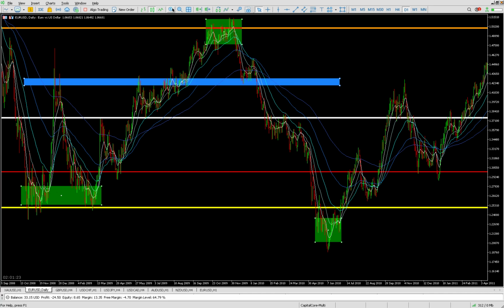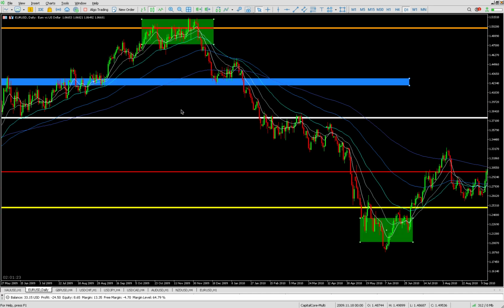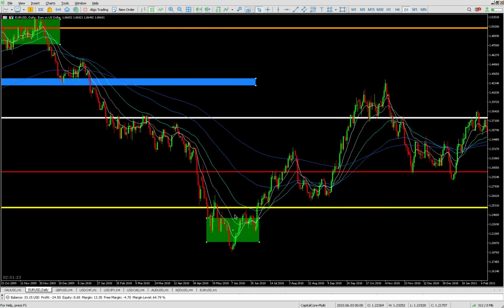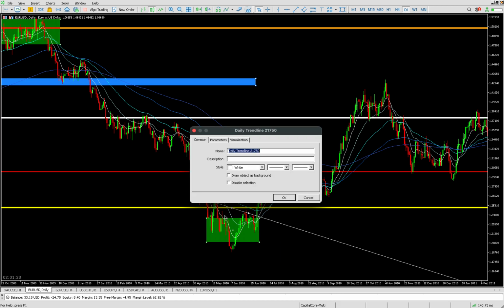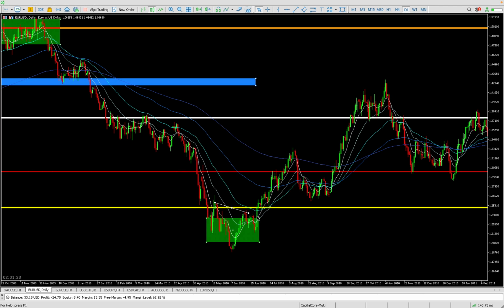Now that looks like a head and shoulders there. See that? Look at that pattern. Beautiful. Broke the neckline right here.